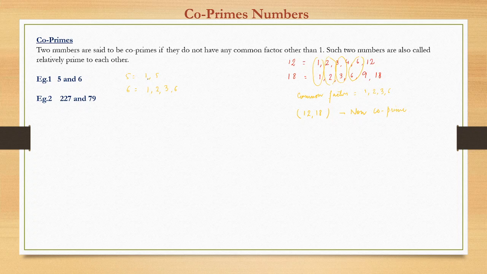So the common factor between these two is only 1. Since there's only one common factor, that is 1, 5 and 6 are co-prime. So effectively what we are saying is, if the HCF of the two numbers is 1, then that pair is known as co-prime.